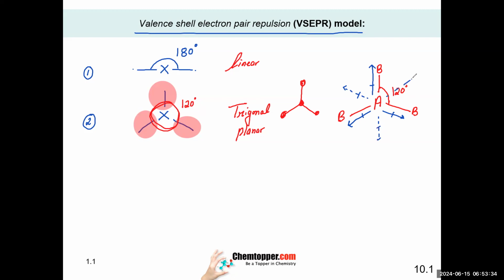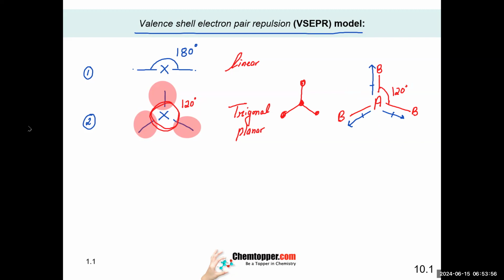The sum of these two will go. So they say they cancelled out completely. So trigonal planar is a very, very symmetrical shape if atoms are identical.